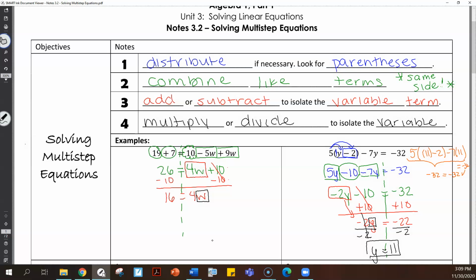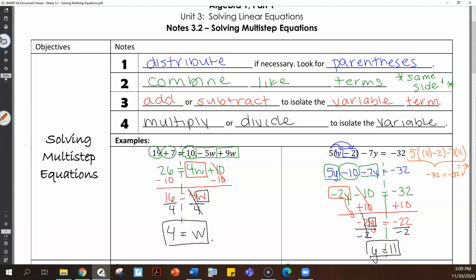I'm going to undo that multiplying by dividing. 4 is the number I want to get rid of, so 4 is the number I want to divide by. 16 divided by 4 is 4. You can do that in a calculator or in Desmos. 4w divided by 4, my 4s are going to reduce to 1, so those are going to go away, and my w is all that's left over. Okay. Remember that we can check this.